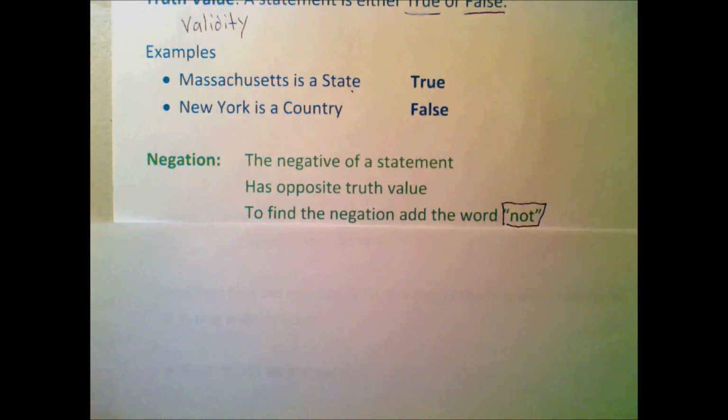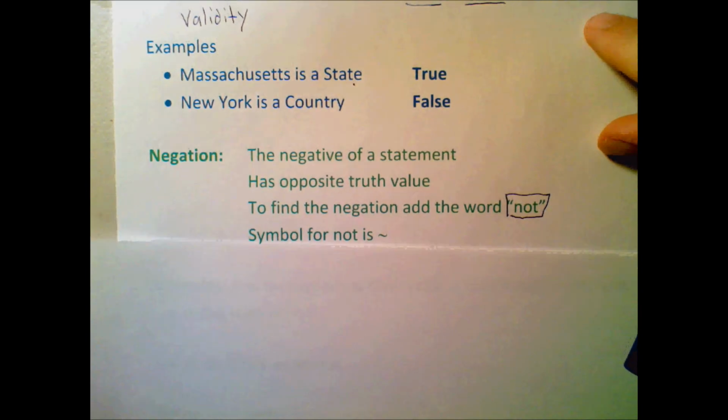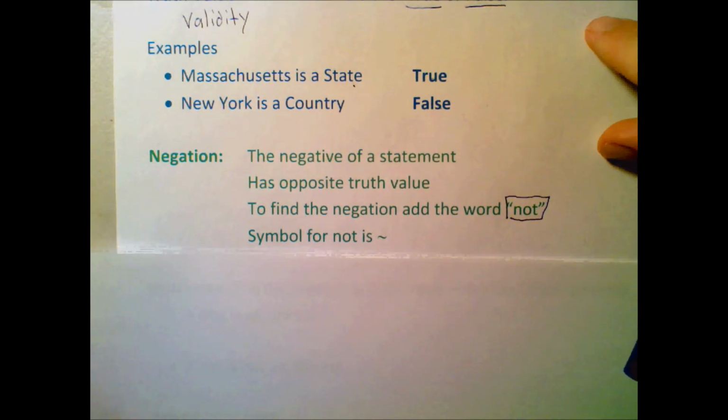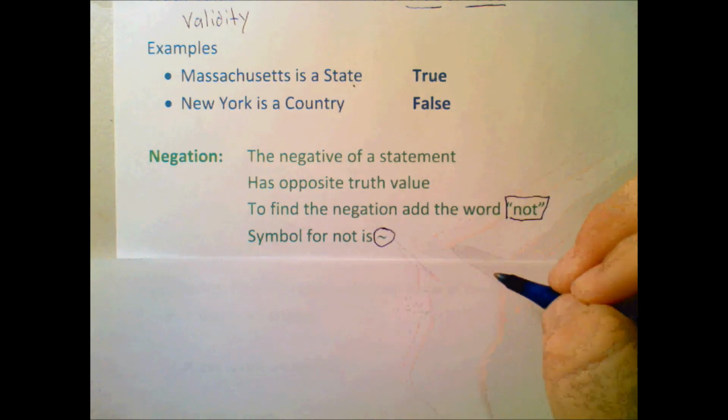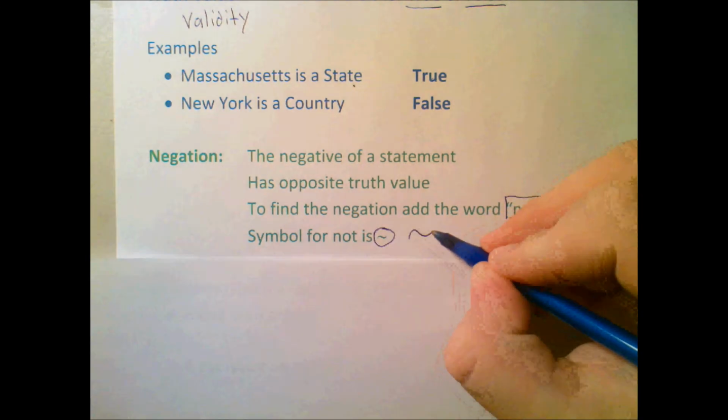Now, when you have the not already in the statement, what you can do is add a not, and then you get two nots which cancel each other out. And now finally, when we're talking about symbolism, the symbol for not is what we call this little squiggly. Okay, we'll make it a little bigger for you.